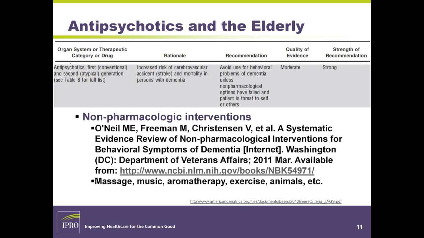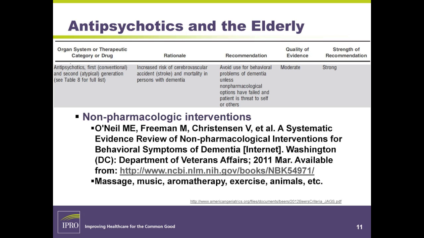So there was recently a systematic evidence review of non-pharmacological interventions for behavioral symptoms of dementia that was published in 2011. They looked at all of the well-done randomized controlled trials and determined which ones showed some kind of effectiveness or not.